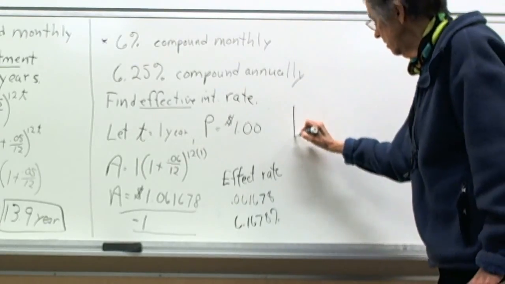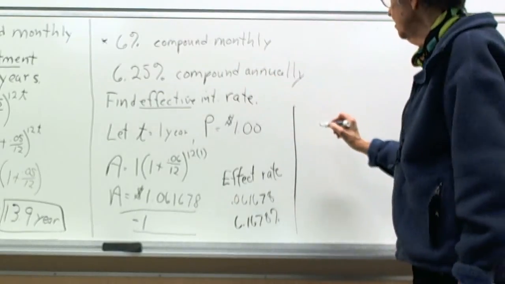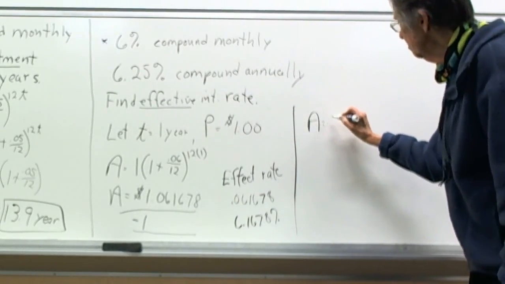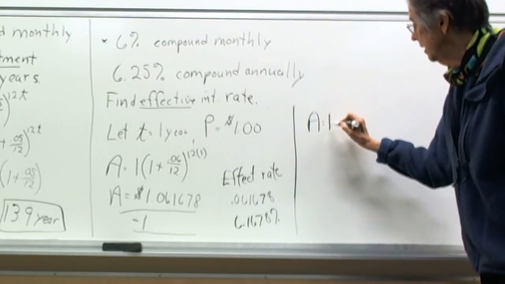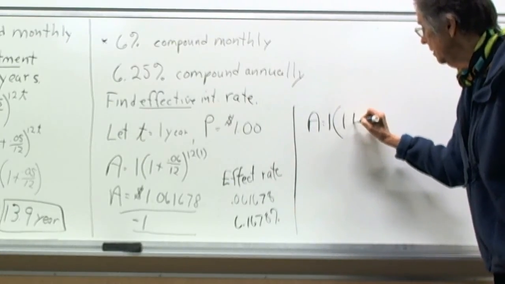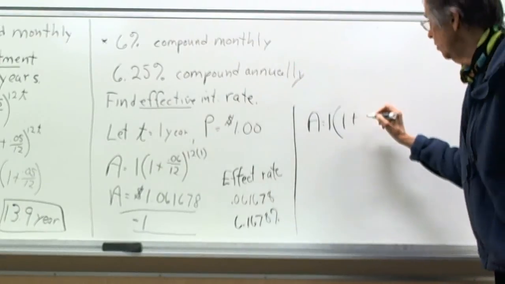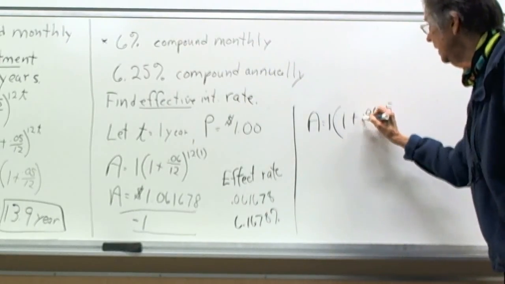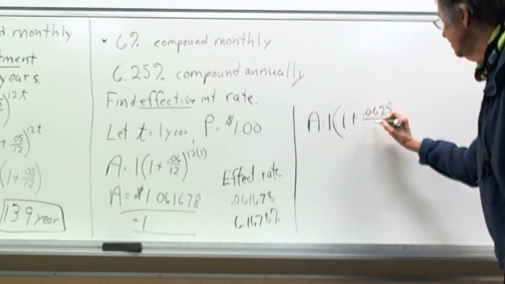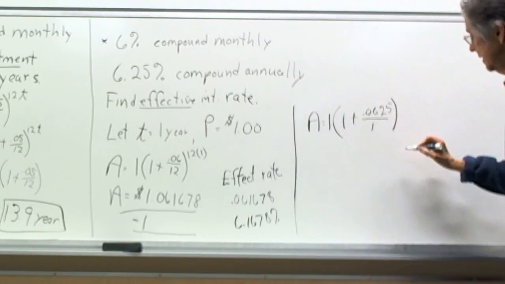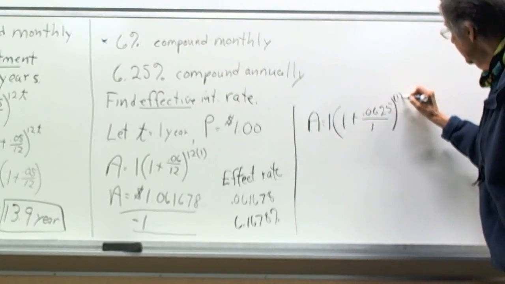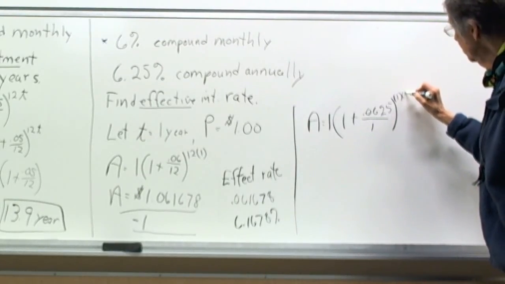The other opportunity we have is 6.25. So again, A is the principal, which we're going to call $1, times 1 plus 0.0625, and it's compounded annually, so that would just be one time a year. And N is 1, and T is 1.